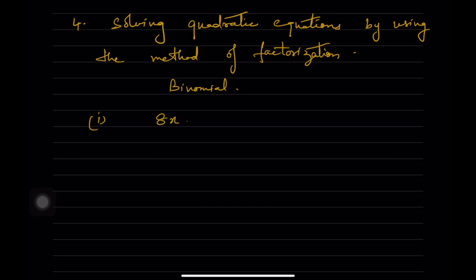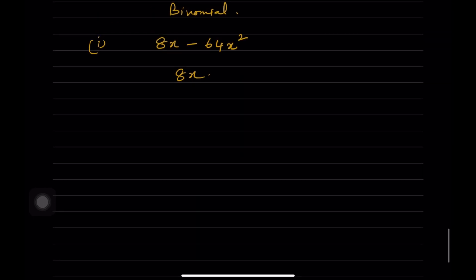So you're getting 8x minus 64x square. How do we write this? Here for 8x, what are the factors? We'll just see. For 8x, you can write it as 2 into 2 into 2 into x. So 2 2s are 4, 4 2s are 8, 8 into x is 8x. Now for 64, what are the factors?